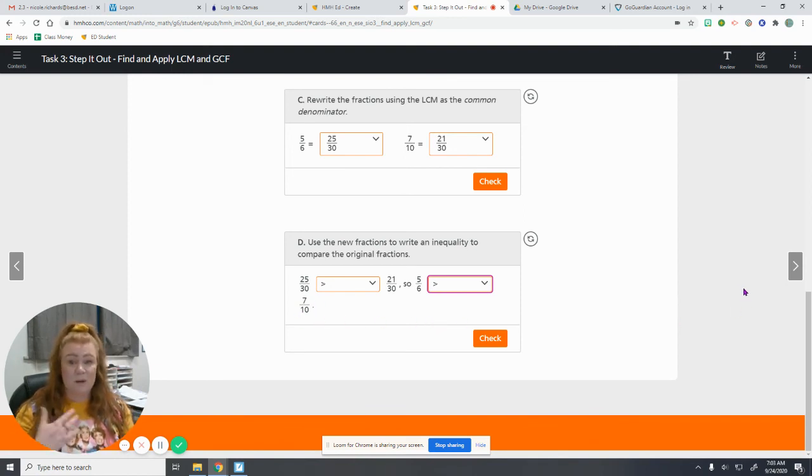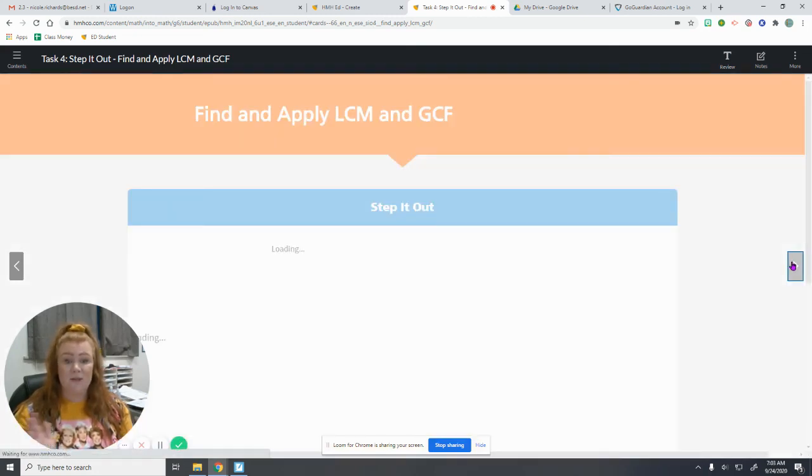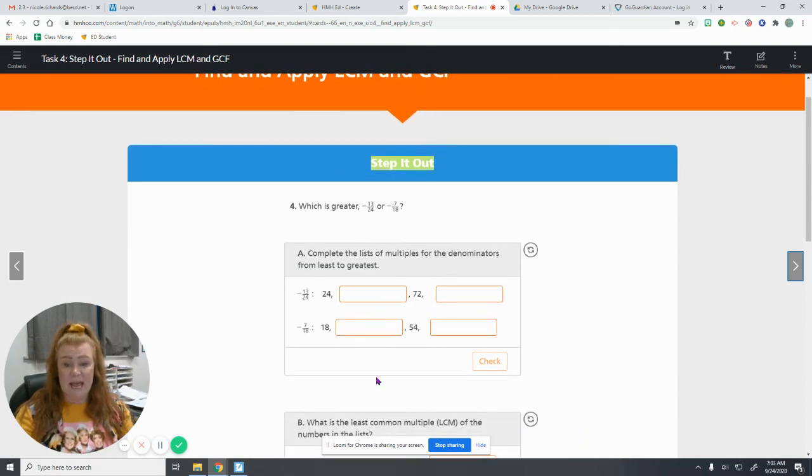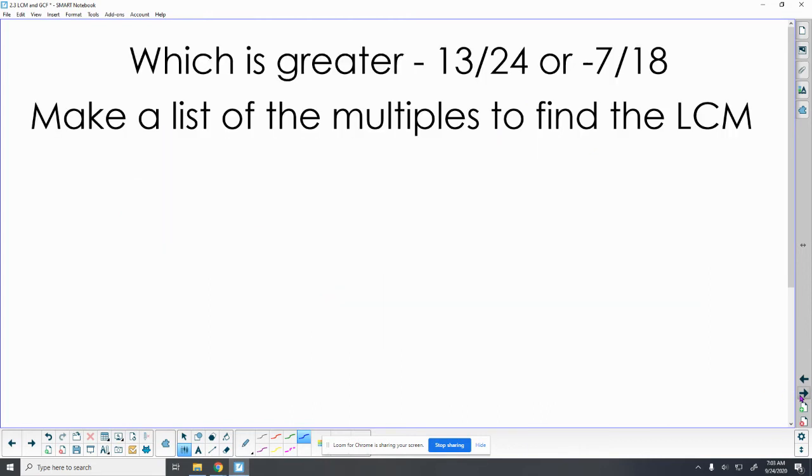Okay, so when we're comparing fractions, the easiest way is to make them have a common denominator. So let's take a look at a negative one here. So 13/24 and 7/18. So we're going to do a little work here. So first, we need to find the LCM of 24 and 18.